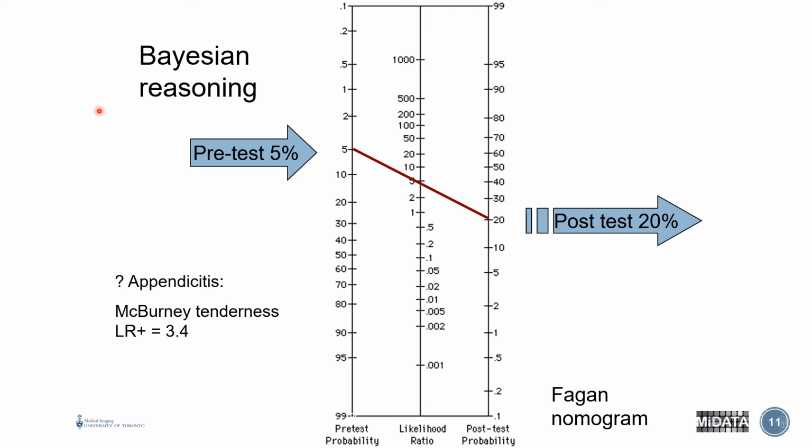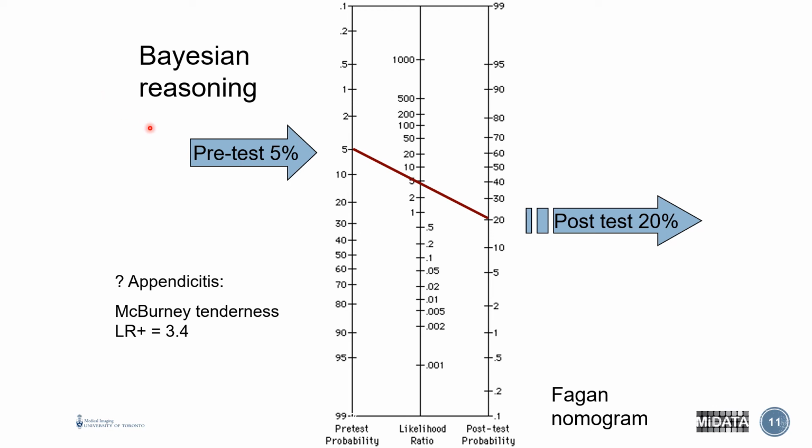Interestingly, if you don't have the pre-test odds and you only have the pre-test probability, which for instance could be the prevalence of the disease in your population, well, the pre-test odds is going to be equal to the pre-test probability divided by 1 minus the pre-test probability.